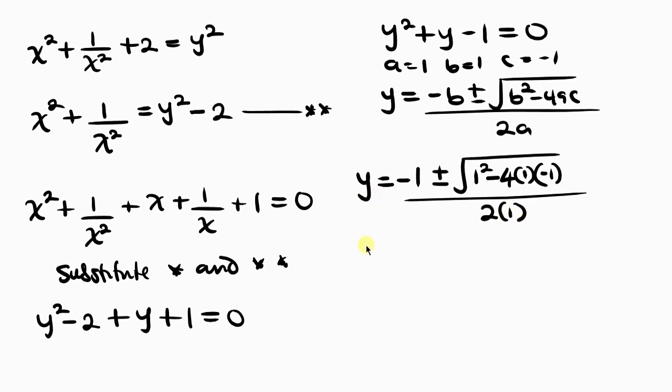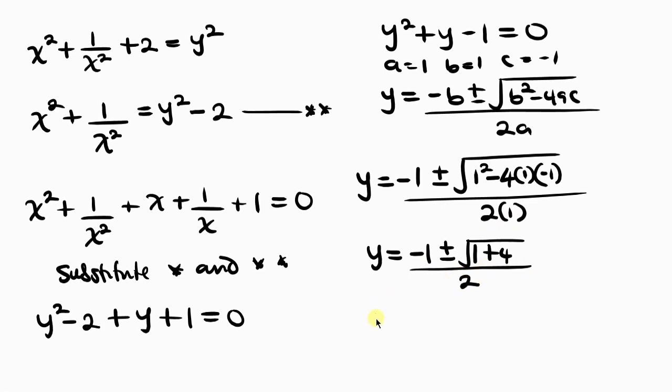So simplifying further, we're going to have y to be equal to negative 1 plus or minus the square root of, now this becomes 1. Negative 4 times 1 times negative 1 is plus 4. All over 2 times 1 is 2.